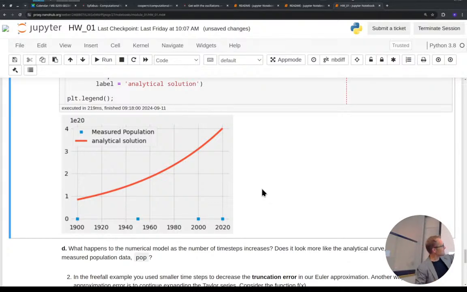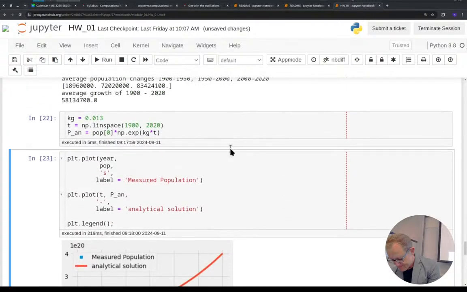It's orders of magnitude higher, because this is assuming that the population at year 0 was the population in 1900. So all those people kept populating the earth for the next 1900 years to get to 10 to the 20 people. A lot of people. So we don't want to do that.